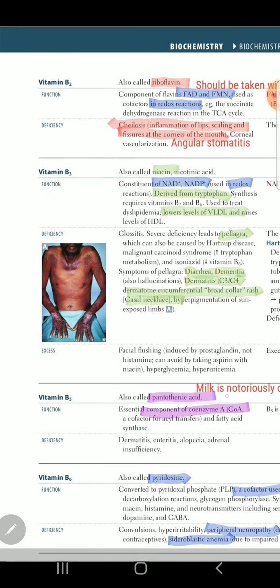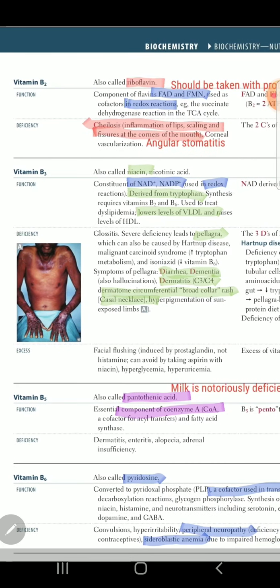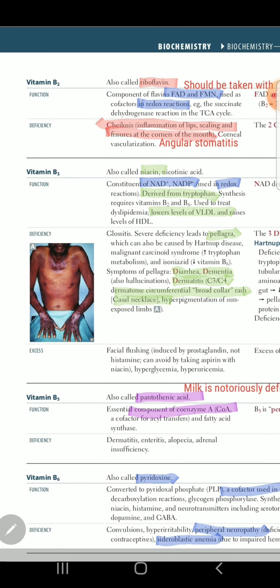Then B6, it is pyridoxine. We know that it is important for transamination reactions, especially ALT and AST related, and synthesis of certain neurotransmitters as well, but what is important is its disease, that is peripheral neuropathy. Just like lead causes peripheral neuropathy, or B1 in cases of dry beriberi.